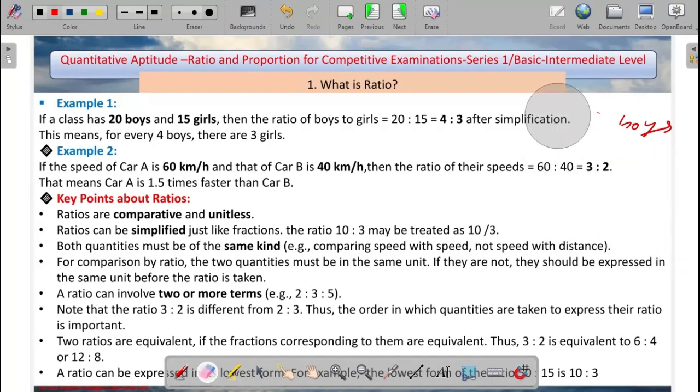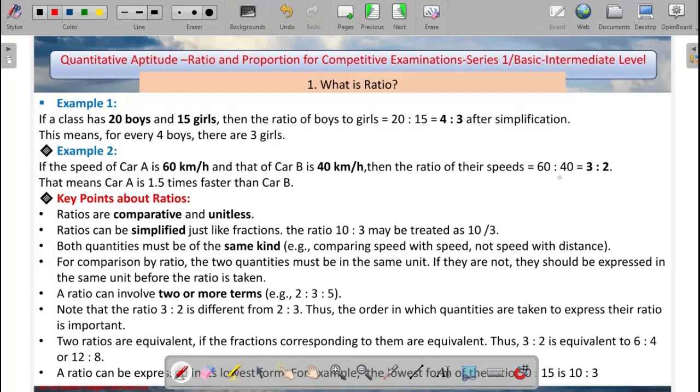Another example: car A is moving at speed 60 km/h and car B at 40 km/h. Now the ratio A:B will be 60:40. The ratio of their speeds is 60:40, and if we simplify, we get 3:2.